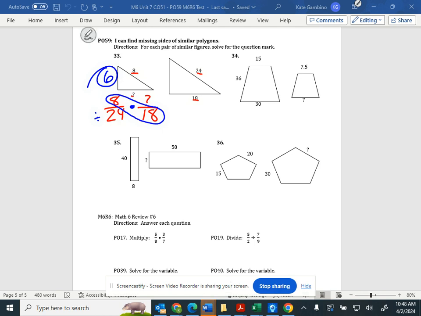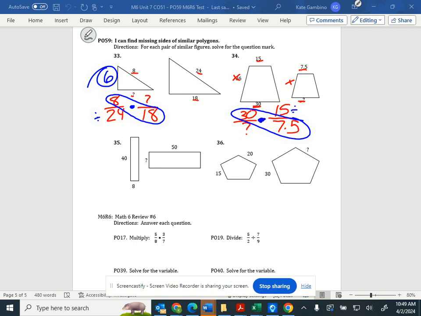That's the answer. For this one, if I'm matching up my sides, I've got 30 goes over the question mark. I can't use 36 because there's no corresponding side. So I'm going to do 15 over 7.5. I'm going to do my cross multiply, divide my third number.